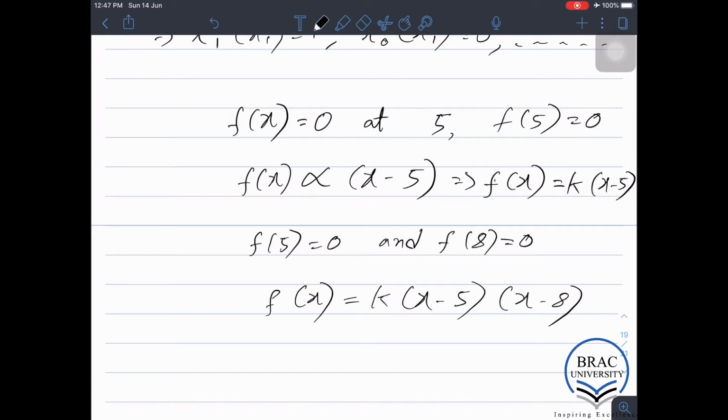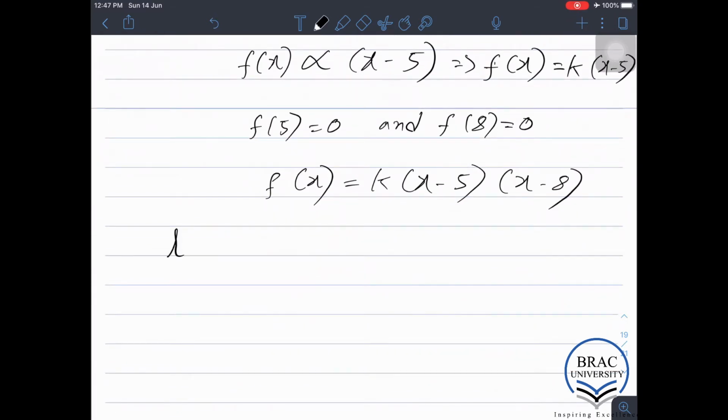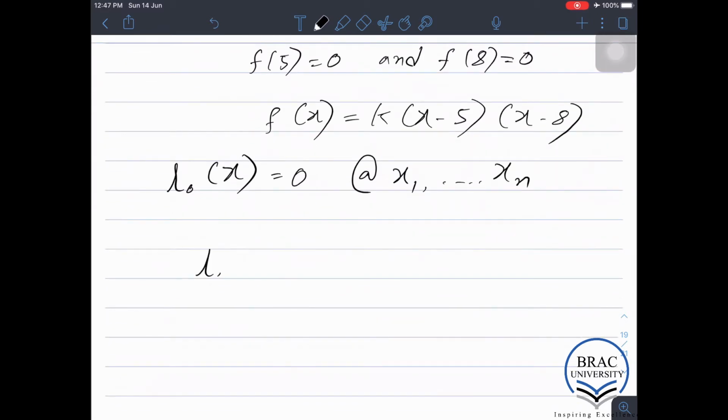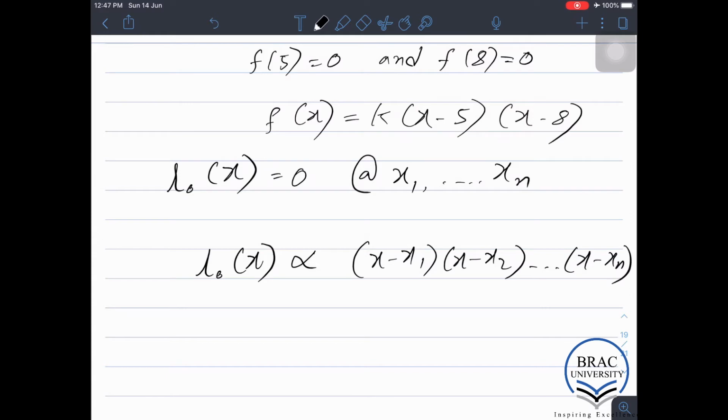All right, so now let's check L0 of x. L0 of x is equal to 0 at x1 up till xn, right? Because it's only 1 when x is equal to x0. All right, so what I can say is that L0 of x is proportional to x minus x1, x minus x2 up till x minus xn.